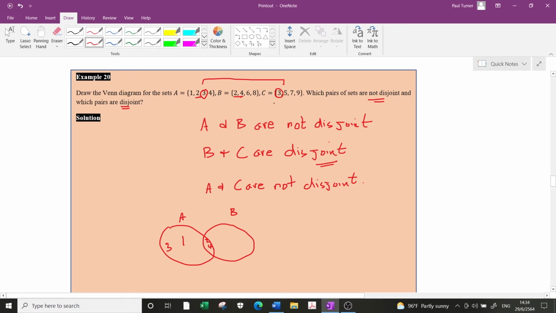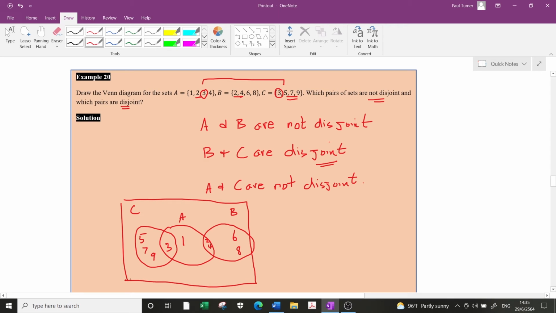But C is shared with A, the set C. C has 3, A has 3. And this has 5, 7, 9 as the remaining numbers. The other elements in B, besides 2 and 4, were 6 and 8. So I guess if you were going to draw your Venn diagram, it would look something like that.